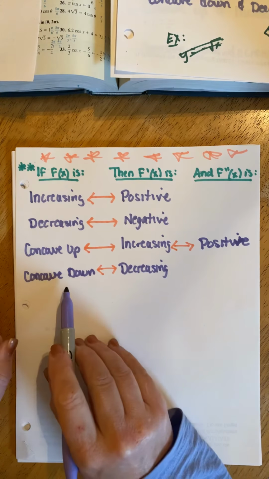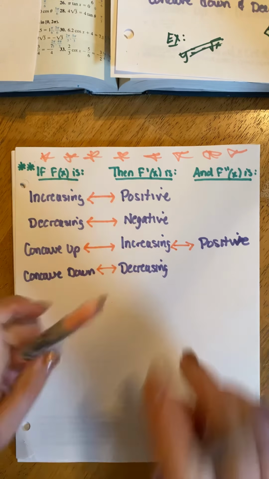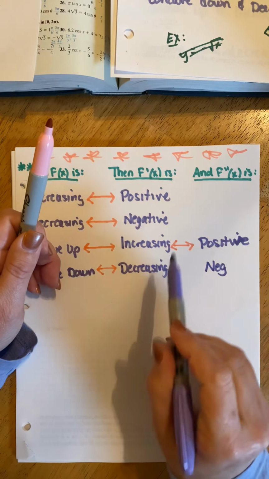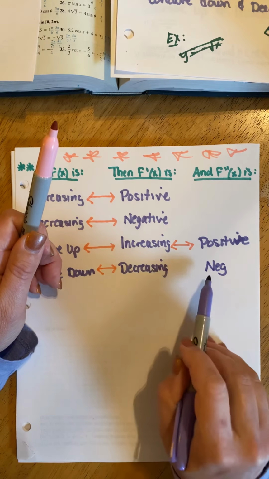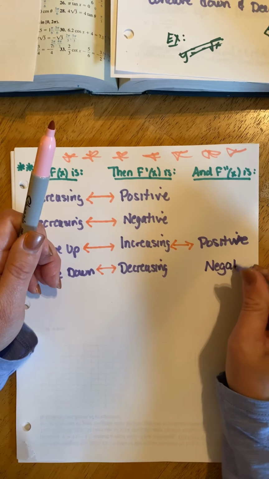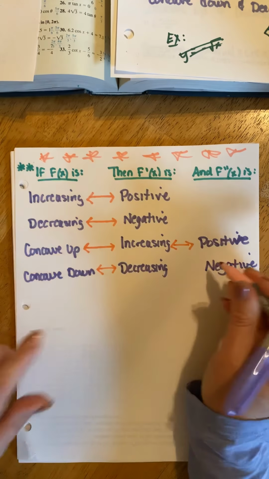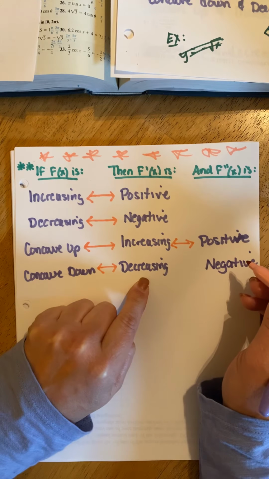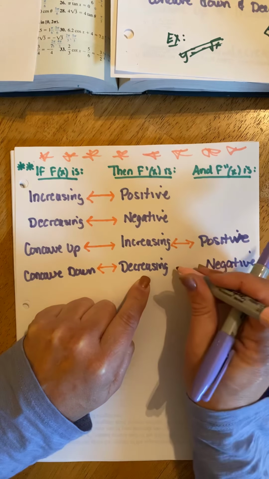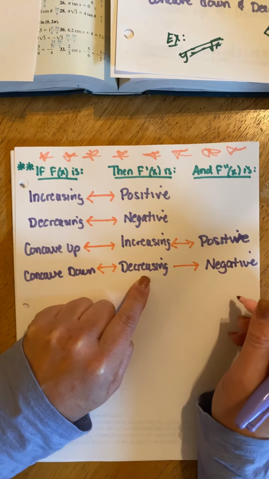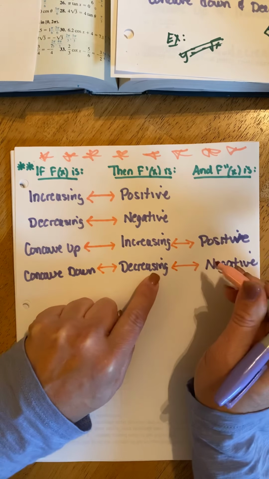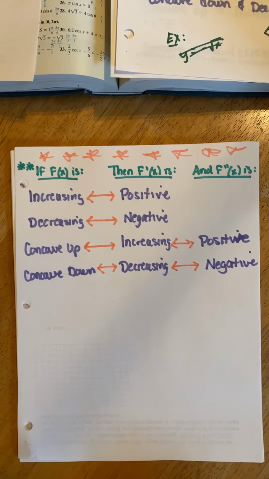Wherever a function is concave down, its derivatives are decreasing, and wherever the derivative is decreasing, the derivative of the derivative is negative. So if a function's concave down, its derivatives are decreasing, and the second derivative is negative. Whenever the second derivative is negative, the derivatives are decreasing, and the original function is concave down.